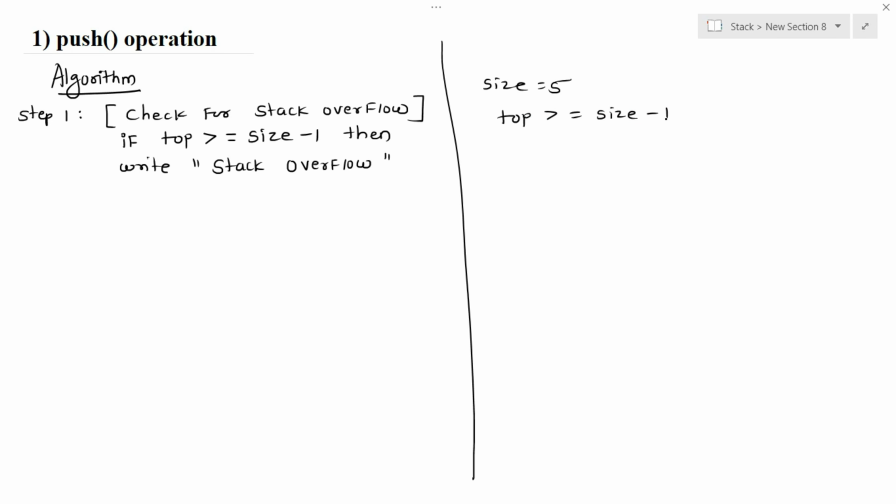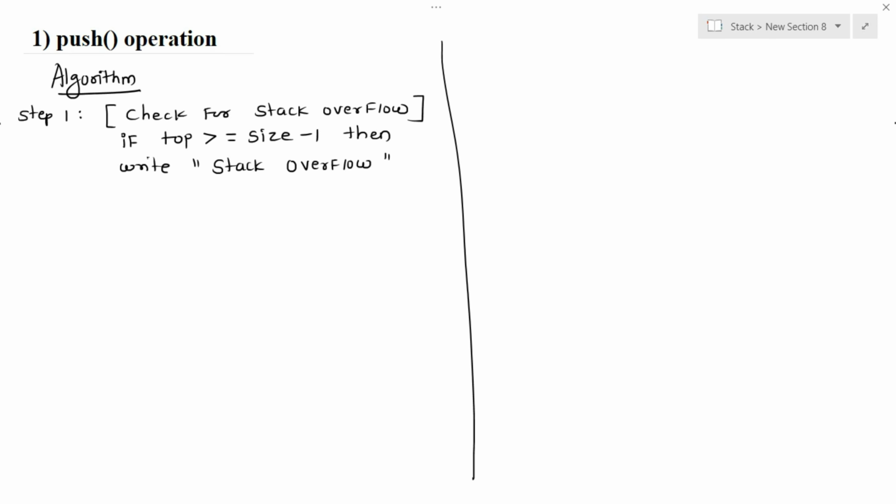The array starts from 0, so the last value of top is 4, because we start the array index from 0. So at the fifth element, the value of top is 4. So 4 is greater than or equal to size minus 1. The size is 5, 5 minus 1 is equal to 4. If this condition is true, then we return stack overflow.